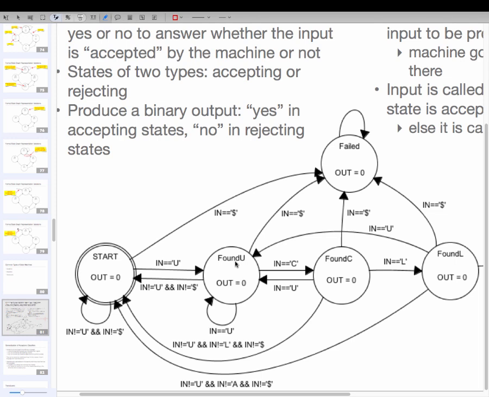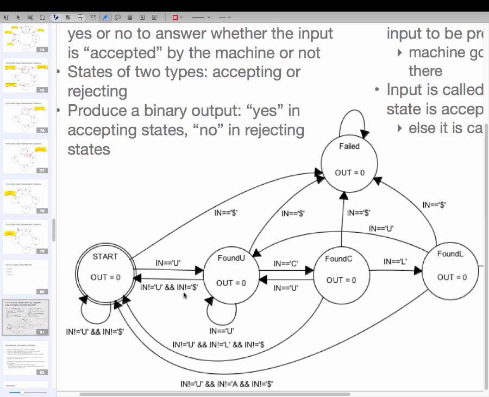And one more possibility is I got a dollar sign, end of string. If that's the case, I had not seen the complete UCLA, I've seen a U, and I get a dollar, so I have failed the test, I go to the failed state. So that's a third possibility.